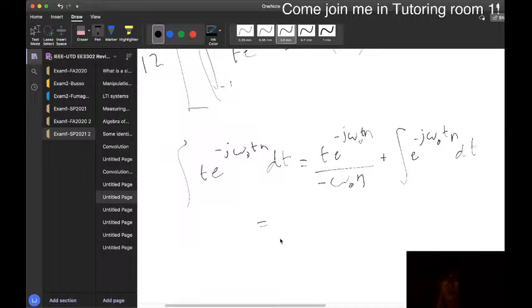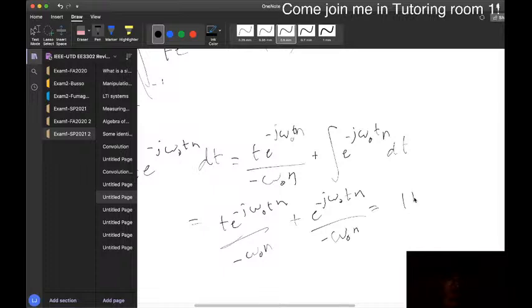And then this should give us t e to the negative j omega naught t n over negative j omega naught n, plus e to the negative j omega naught t n over (omega naught n) squared.